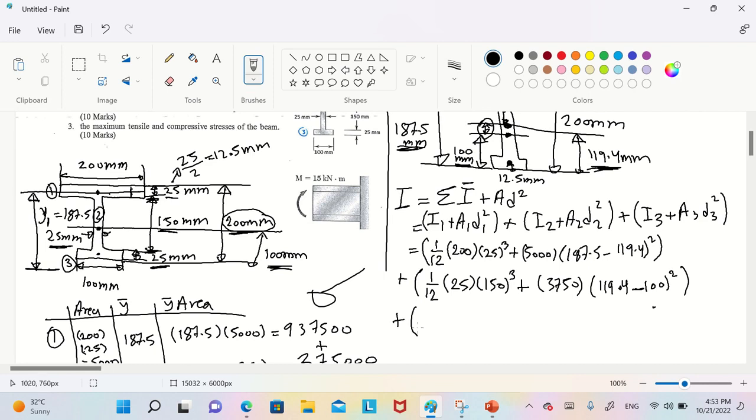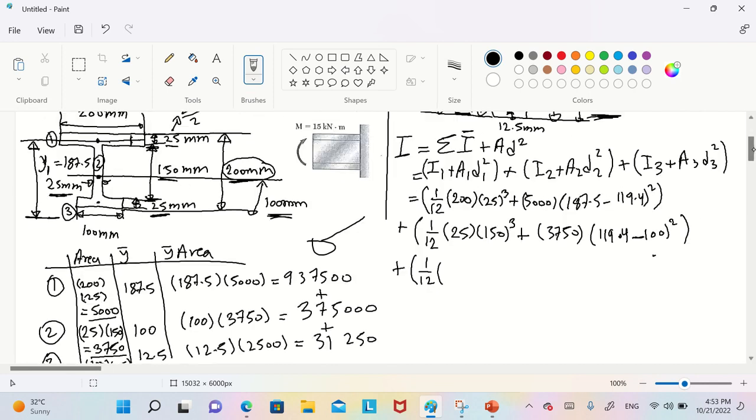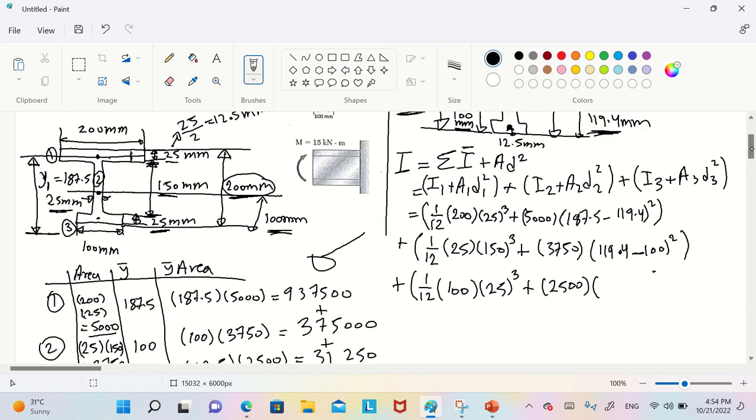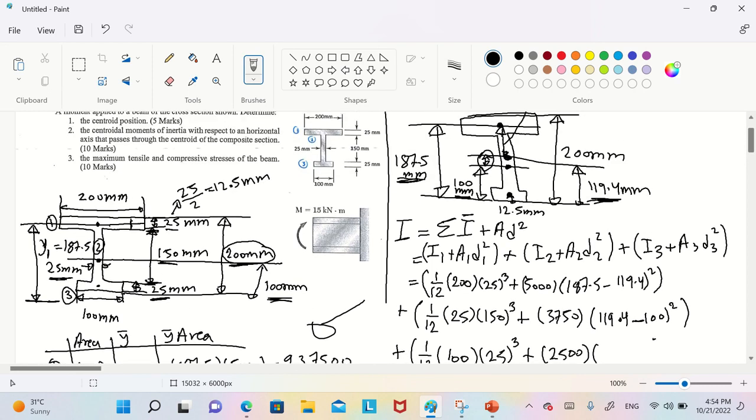plus, for the third one, 1 over 12 for the base is 100 multiplied by the 25 cube plus the area is 2500 multiplied by the distance.